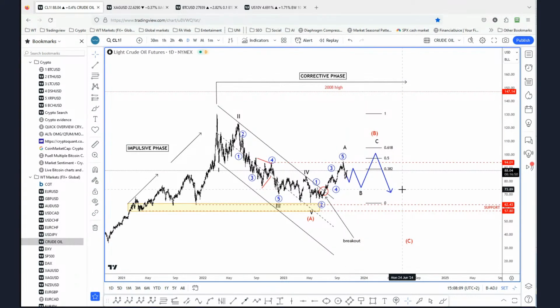So corrections should be made by 3 waves. And since this was a very strong rise out of this downward channel, I just think that there is room for more upside after this pullback. So corrections are made by 3 waves, and this was the first leg, wave A. You will see a wave B pullback and more upside for a wave C.